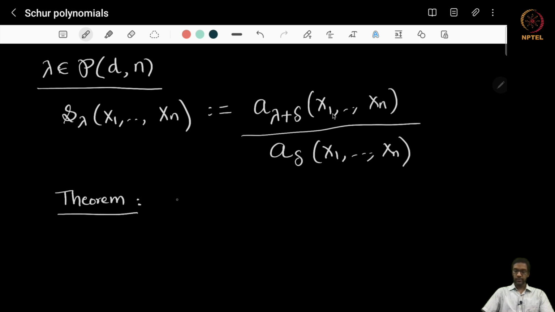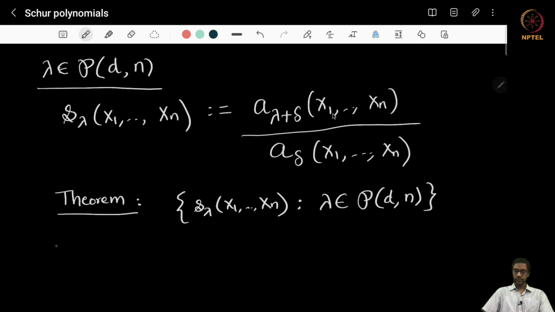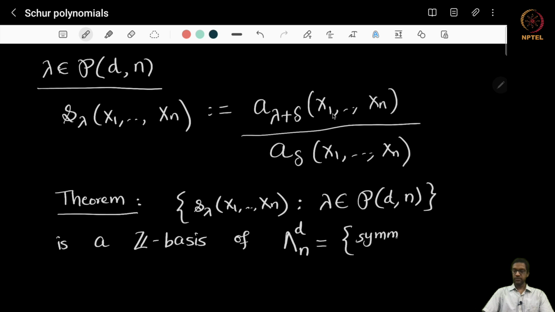Theorem: the Schur polynomials S lambda of x1, x2, ..., xn, as lambda varies over partitions of D into at most n parts, form a Z basis of the space, which we denoted Lambda n D, the space of symmetric polynomials homogeneous of degree D in n variables.